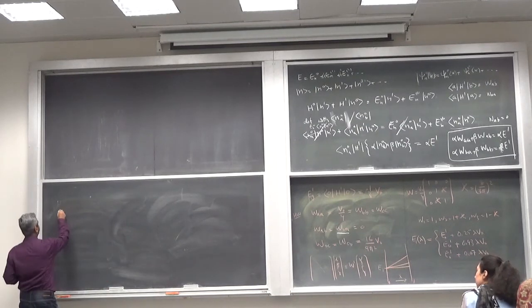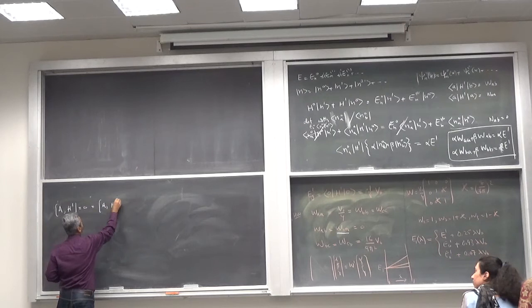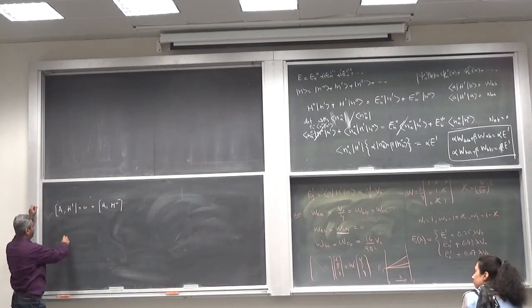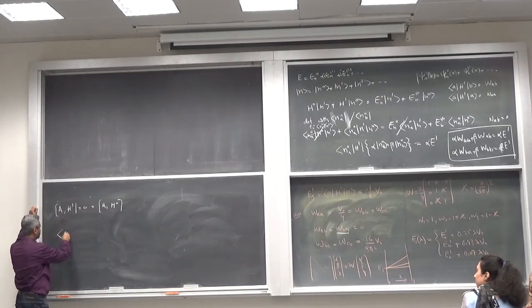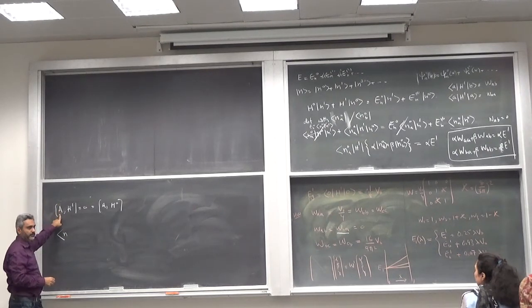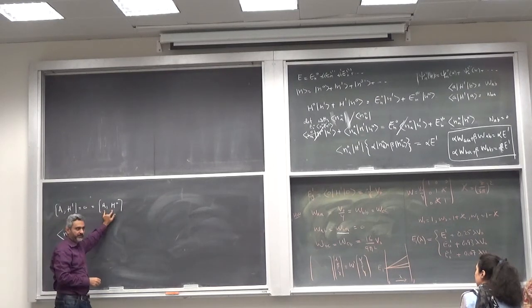Let's suppose that you have an operator A that commutes with H1 and also commutes with H0. Now let's look at this. We are talking about the eigenstates of A. So, for example, these two are going to have the same eigenstates, right?